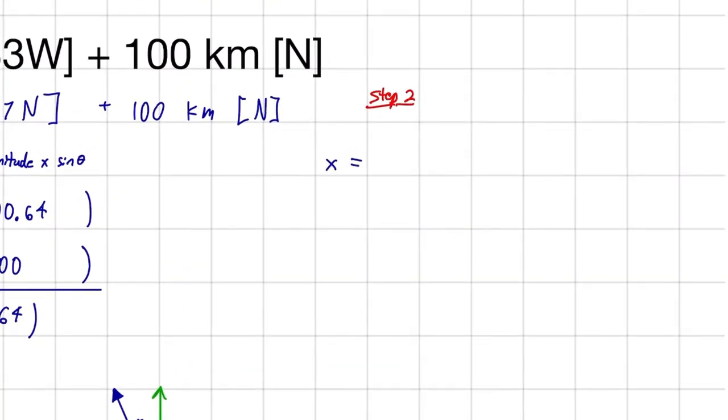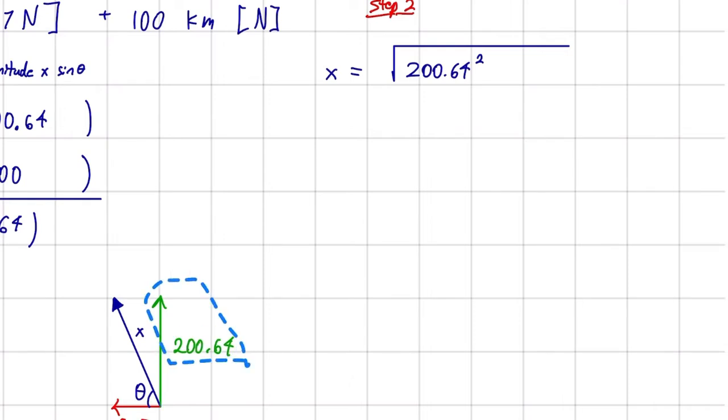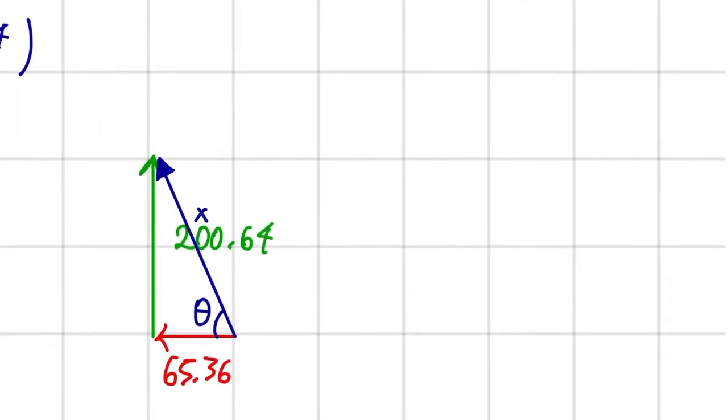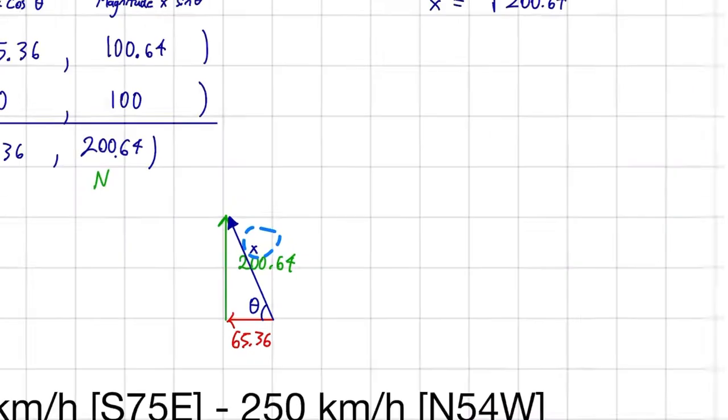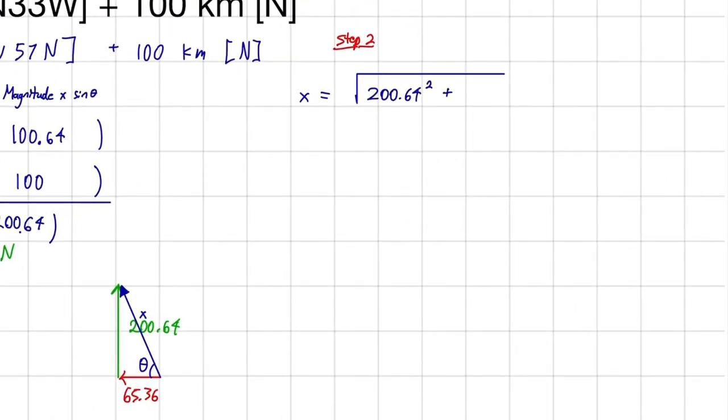So x, which is our magnitude, is going to be equal to, similar to the last example, the square root. Remember, this is the Pythagorean theorem. If we bring this, we have a right angle triangle, and we know 2 of the side lengths, and we're looking for the hypotenuse. So this is the Pythagorean theorem, and it should look familiar to you.